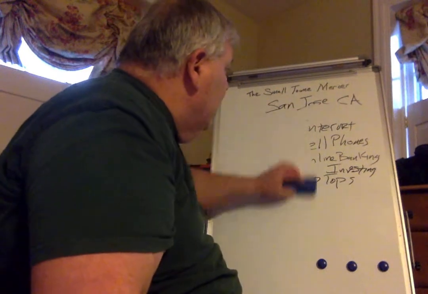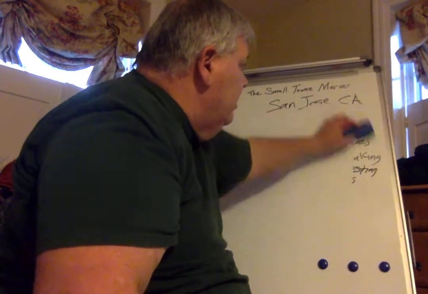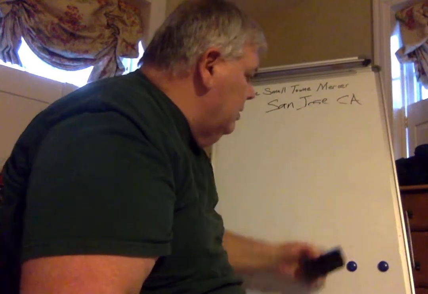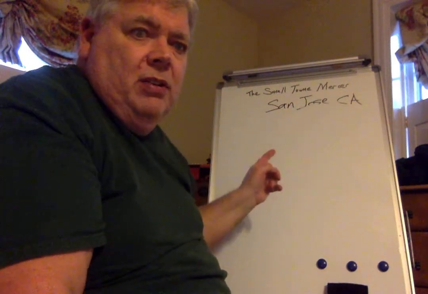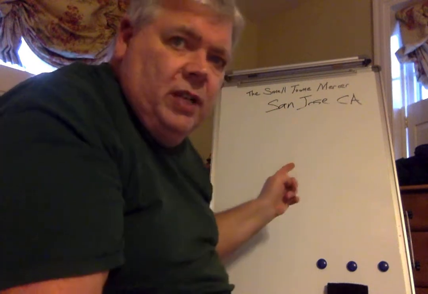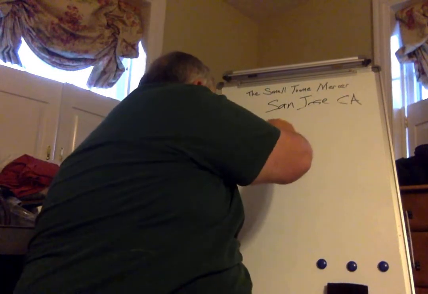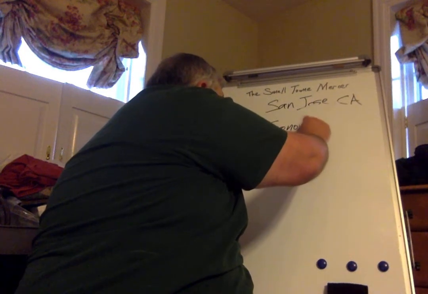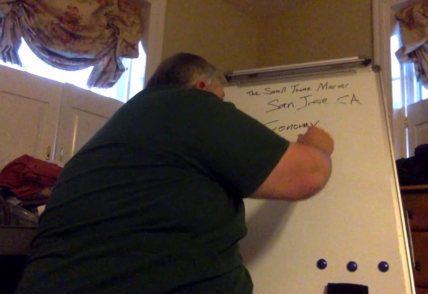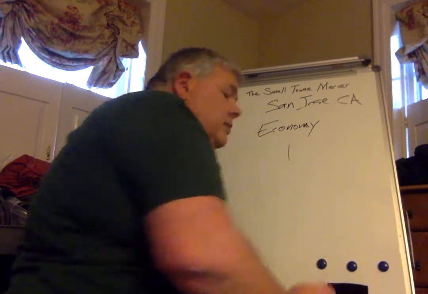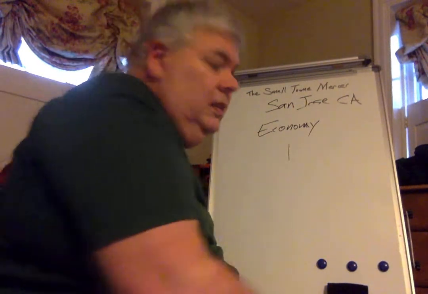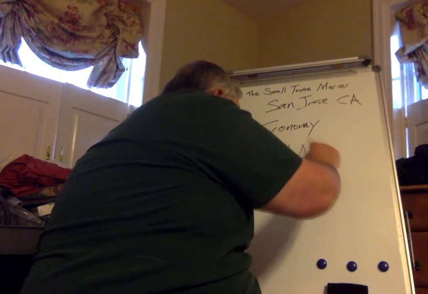What's happening now is if we go back and look at my original premise for the traditional economy, this is what we're down to now. Our economy today is much more technological.